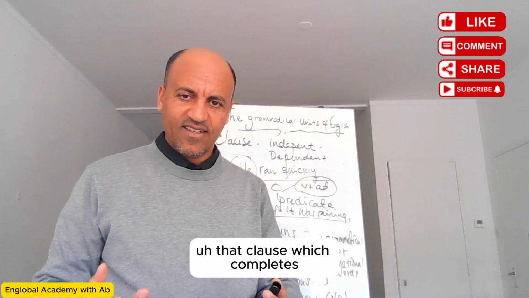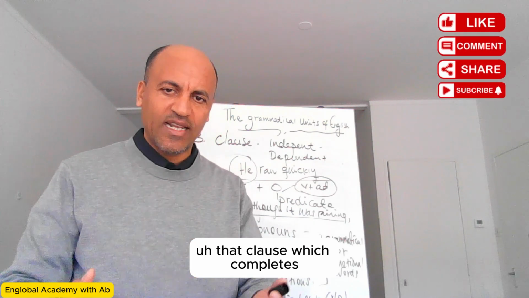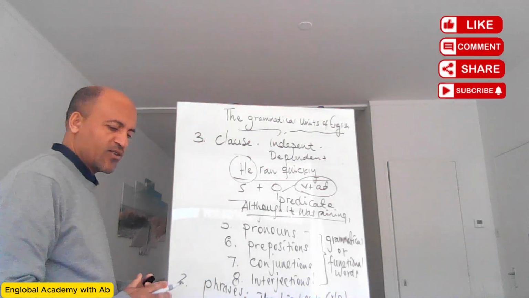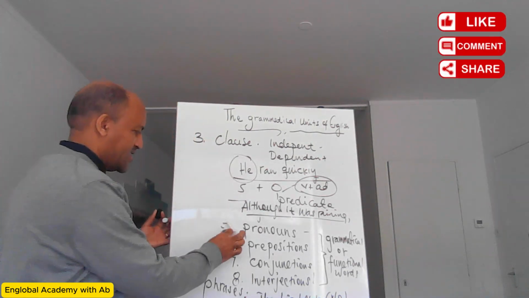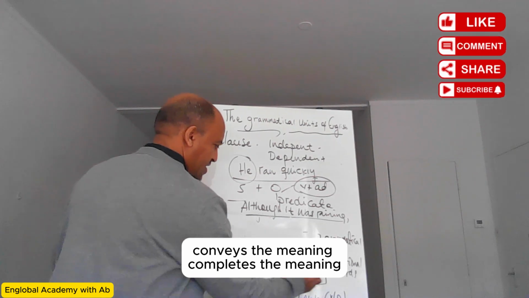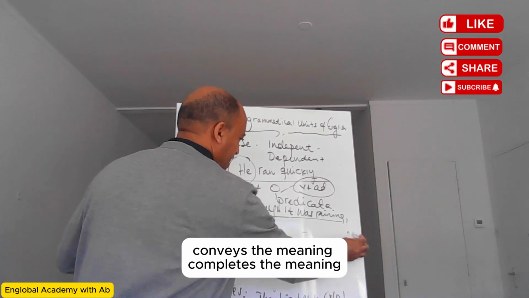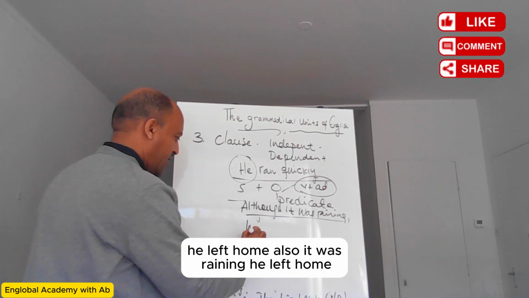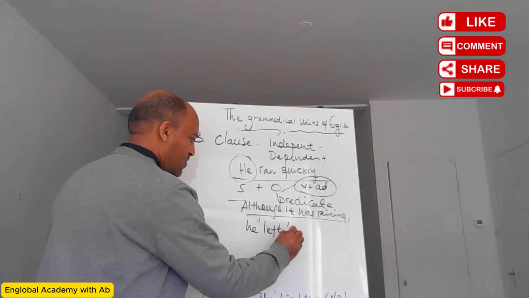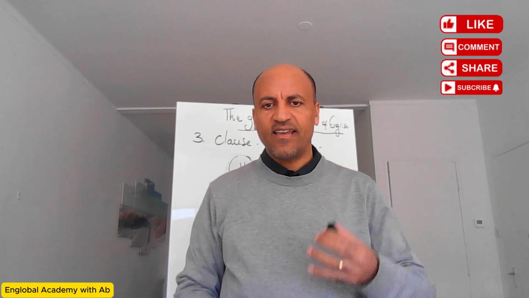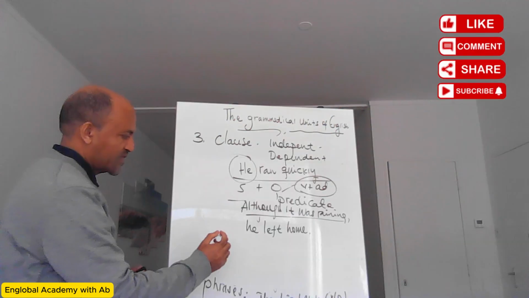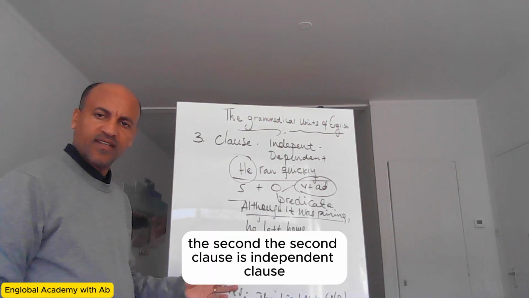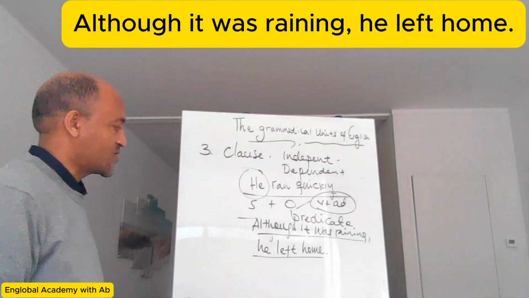That clause which completes the information here is called independent. It conveys the meaning, completes the meaning. So, although it was raining, he left home. The second clause is the independent clause.